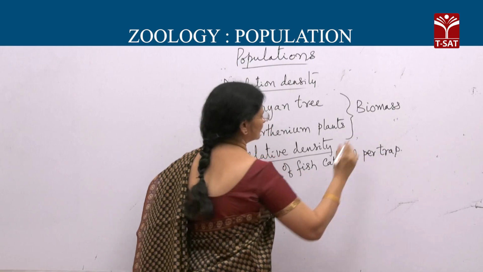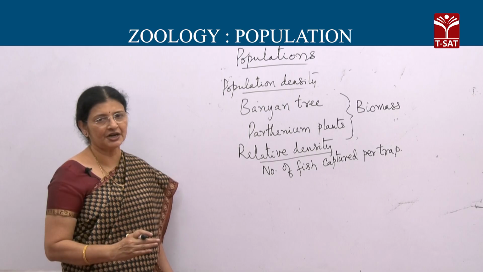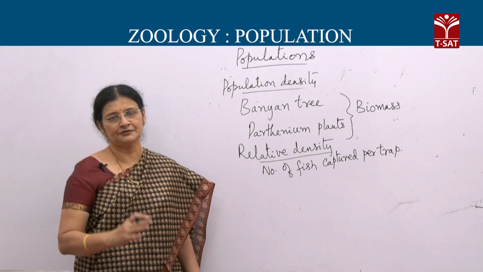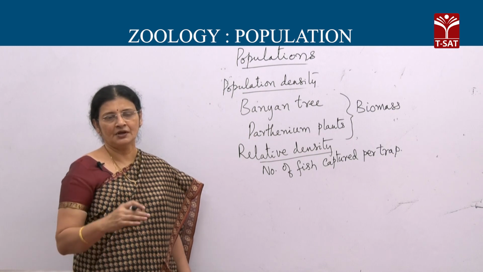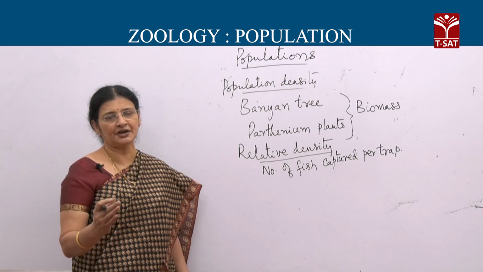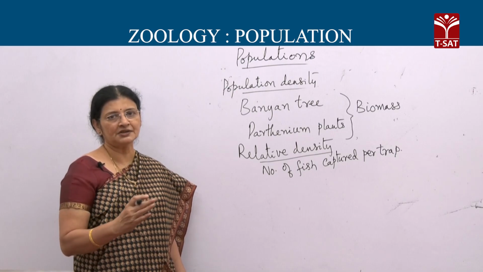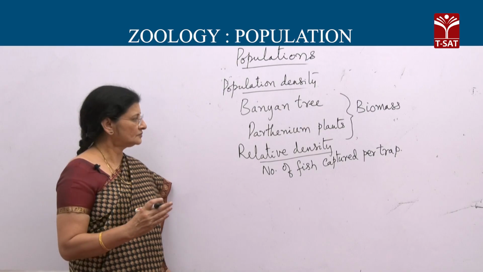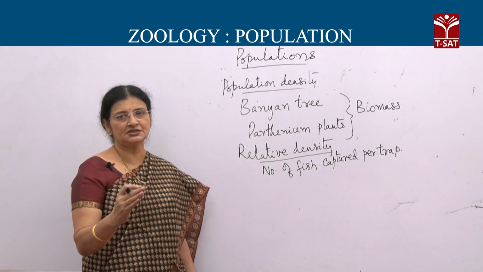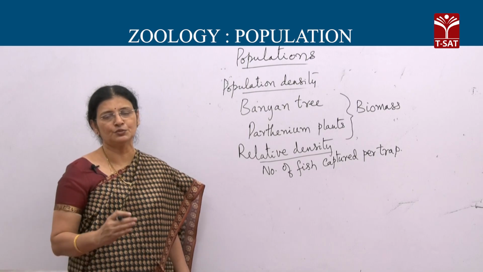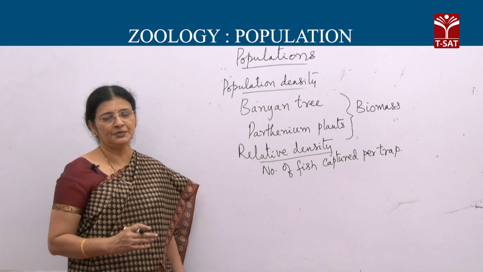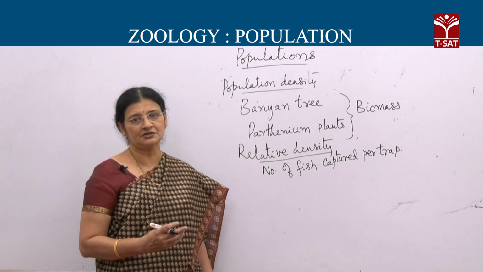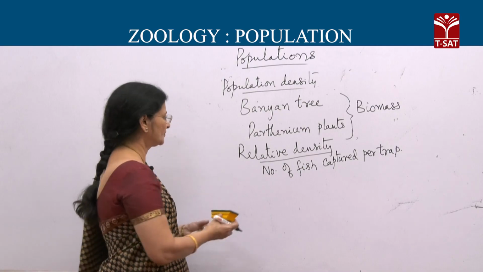So relatively, in a particular season, so many catfish were captured. The next season, they compare the density of catfish. They do this survey and come to a conclusion about which seasons the fish density is more or less. Like that, relative densities also they take into consideration.